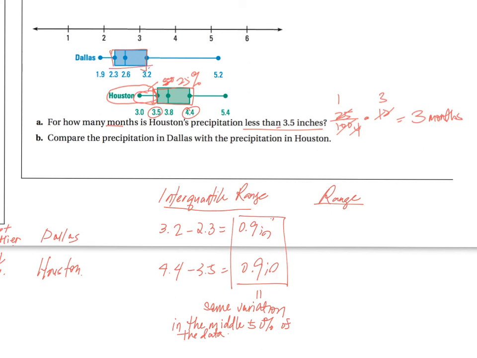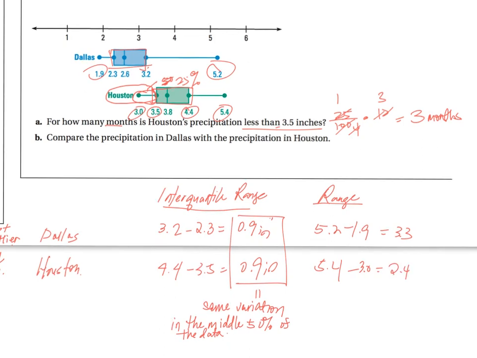And the range for Dallas is 5.2 minus 1.9, and that's 3.3. Houston, 5.4 subtract 3.0, which is 2.4. And what can we say about this?